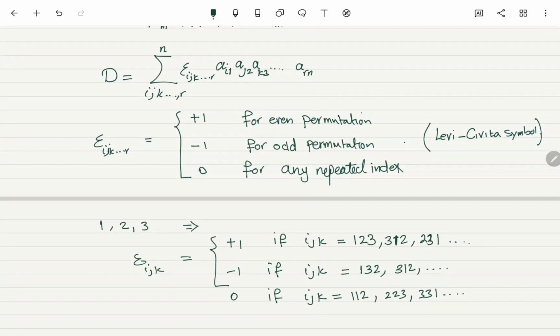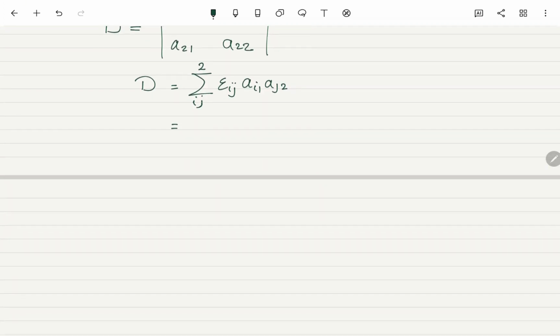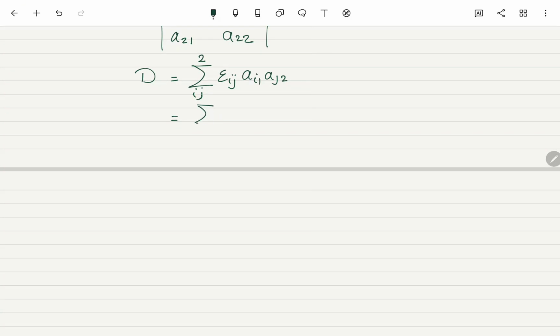Using this rule to find the value for this determinant, D will be equal to summation, and we have here only two indices, i and j, and n is 2, epsilon ij, A i1, A j2. Let's solve it for i first, then solve it for j.